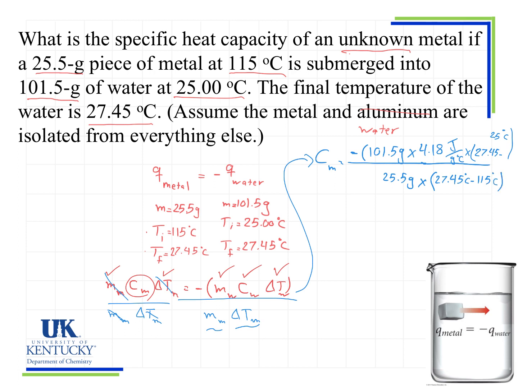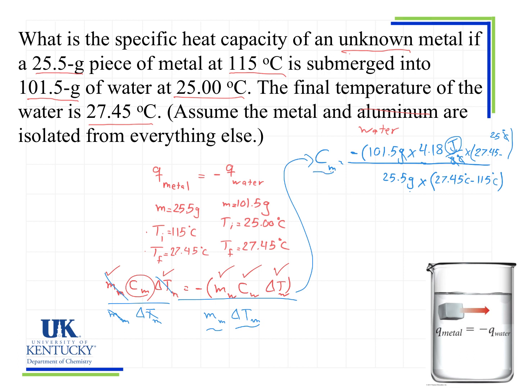Okay, I just want to double check everything's right. Yes. Okay, so the gram with gram and degrees Celsius with degrees Celsius of a delta here, and so we end up with joule on top and gram with degrees Celsius on the bottom, and that's a unit for the C.